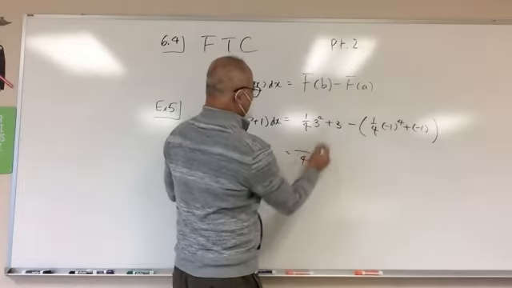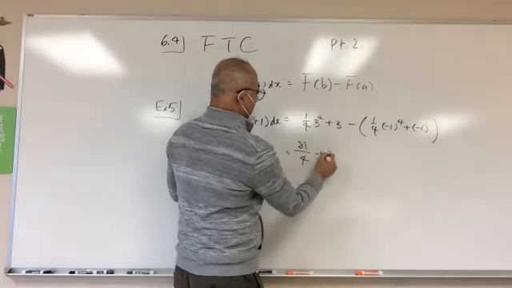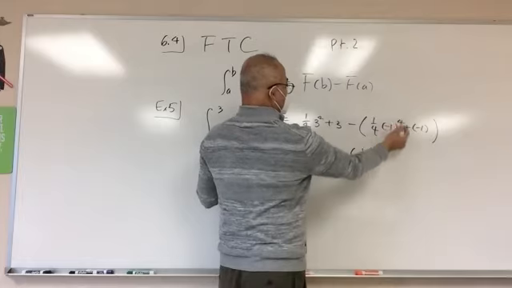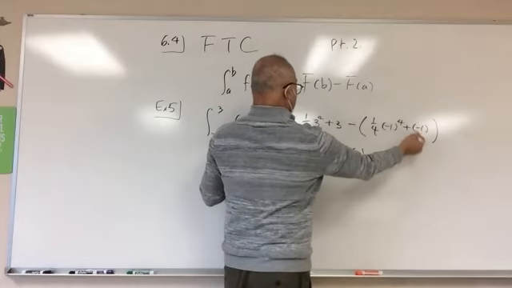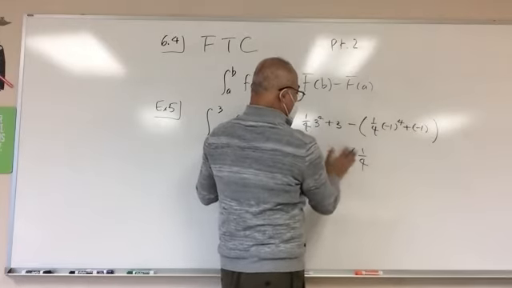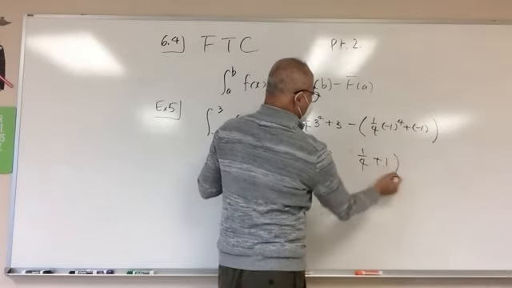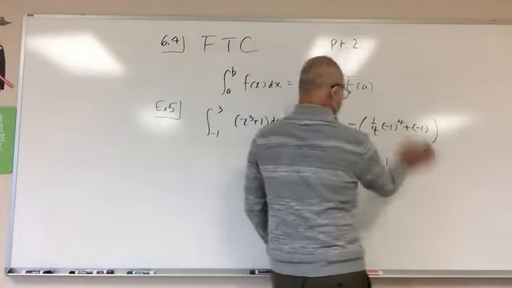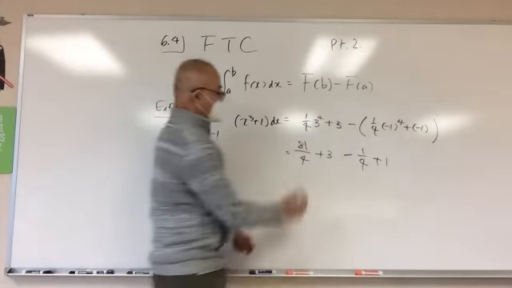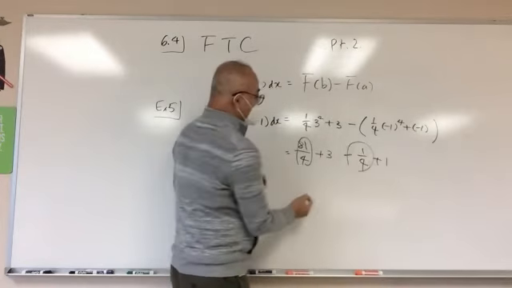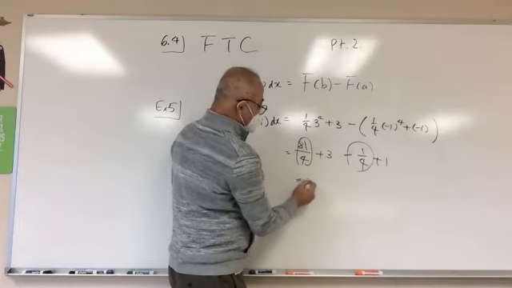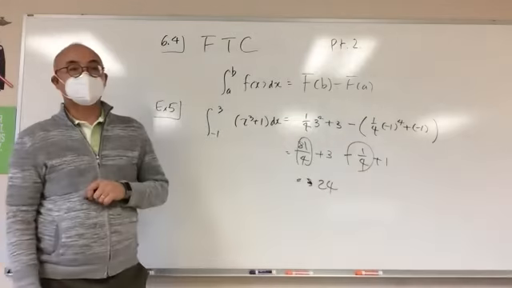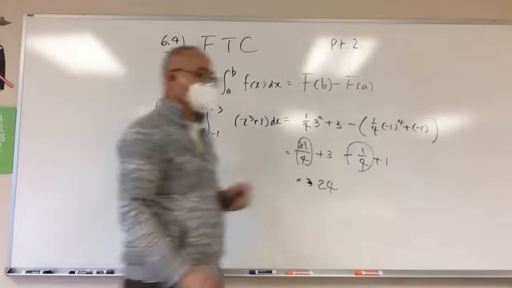I get 81/4 plus 3 minus 1/4, because this is just basically 1. The minus 1, but I have a minus there, so I'm just going to go ahead and pull the minus out. So this guy becomes 20 plus 3 and 1, so it's going to be 24, right? 24, everybody see that? So I got 24 there.